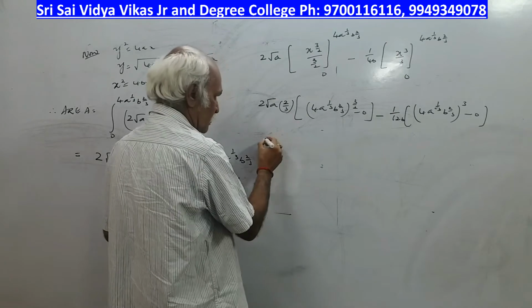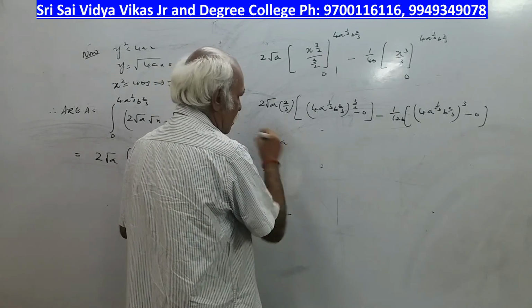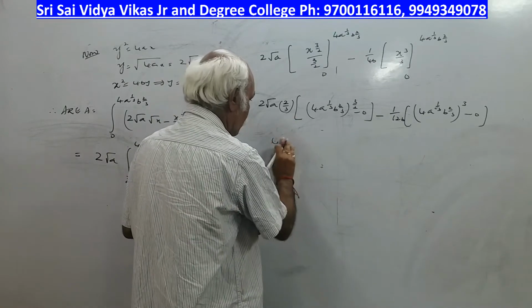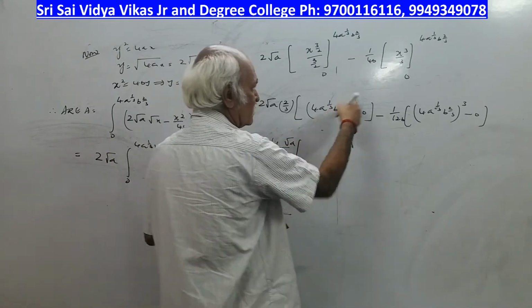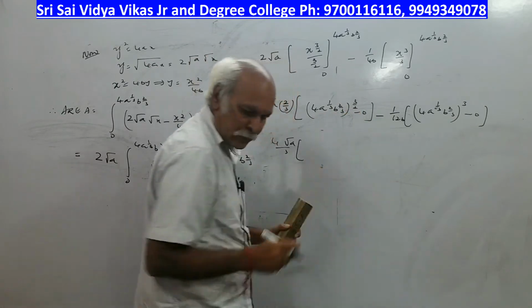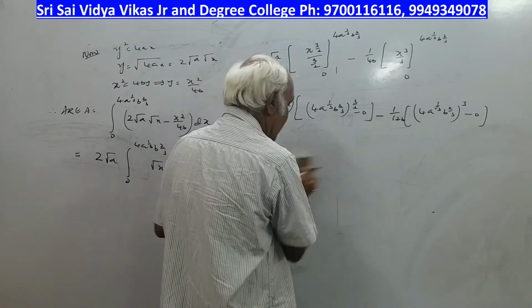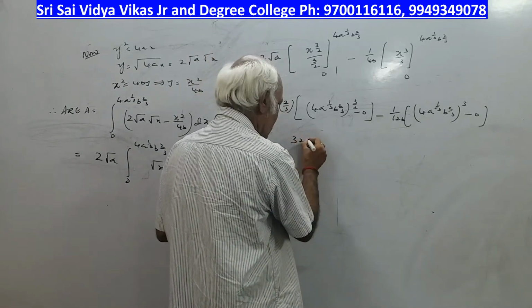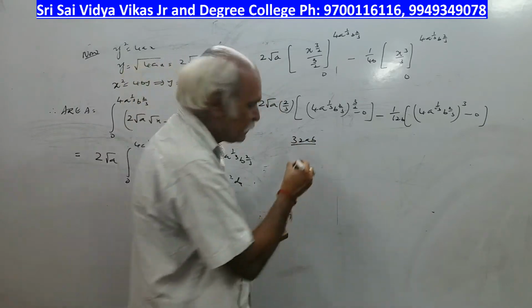So this becomes 4 root a by 3, 3 power. So 3 will get cancelled, 2 will get cancelled. So if you simplify this, I am writing the directly simplified values: 32ab by 3.